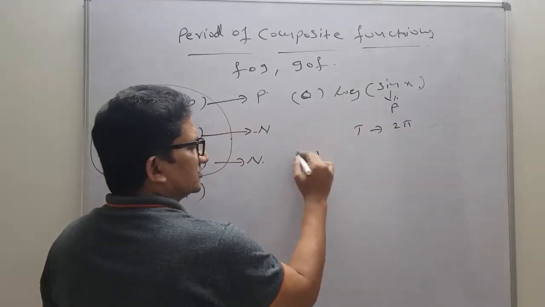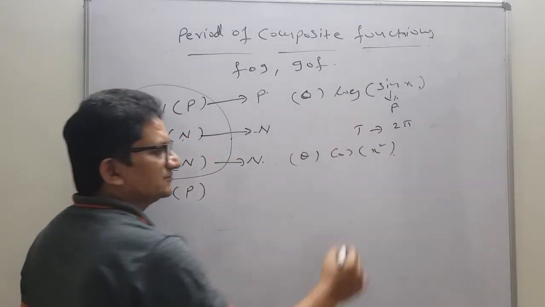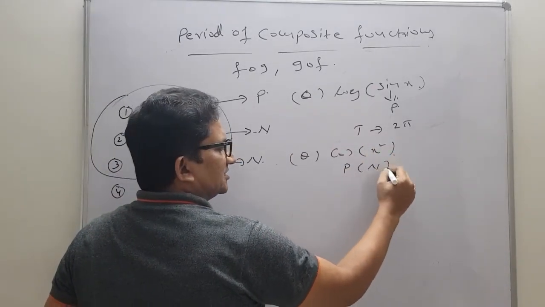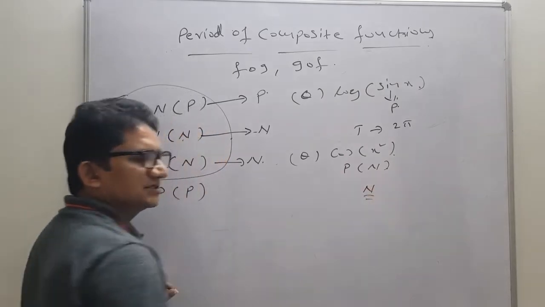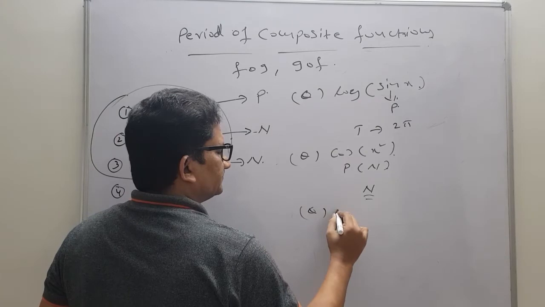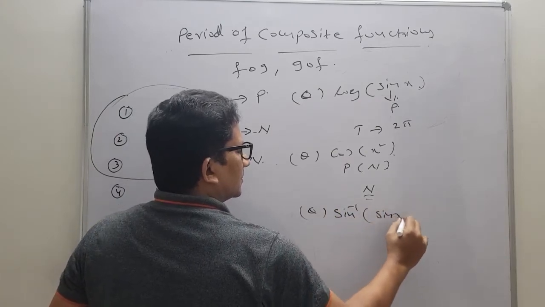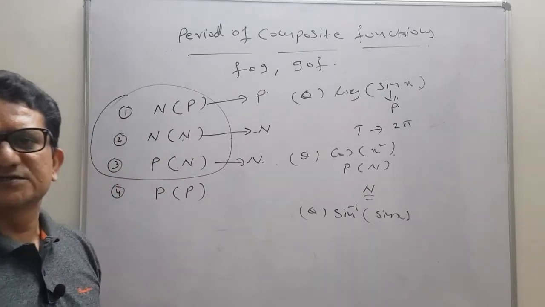For example, if the question is cos of x square, the cos function is periodic, but x square is non-periodic, so the overall result is non-periodic. For example, sin inverse of sin x.